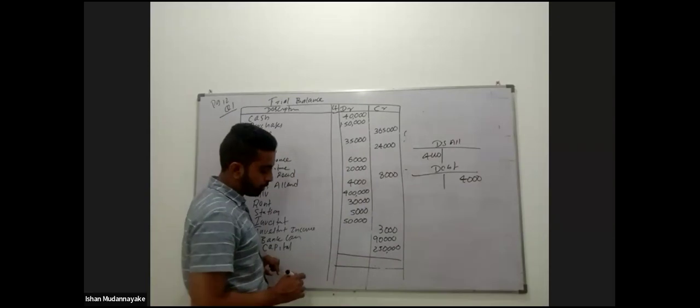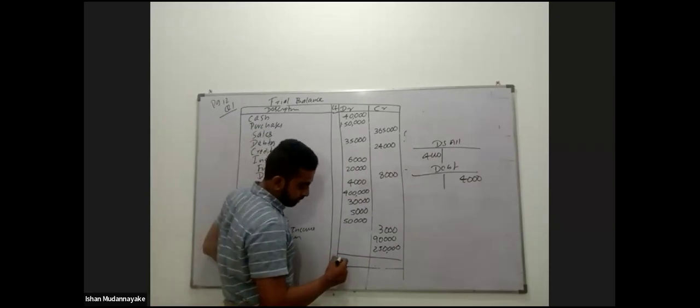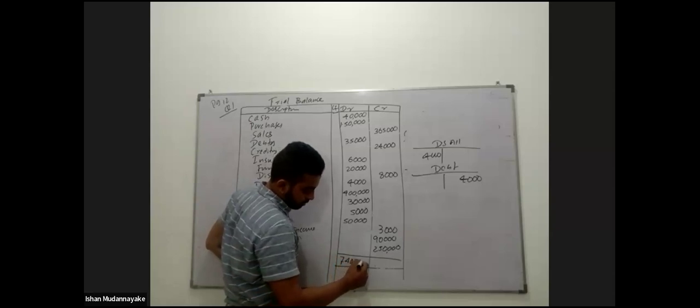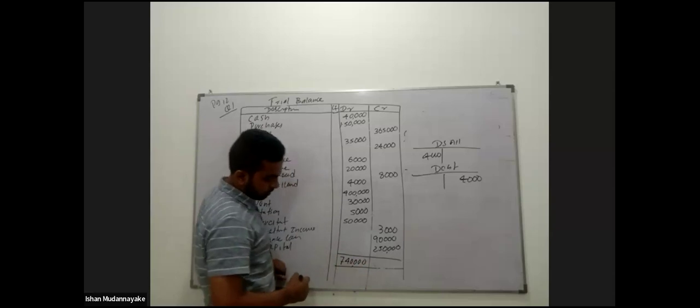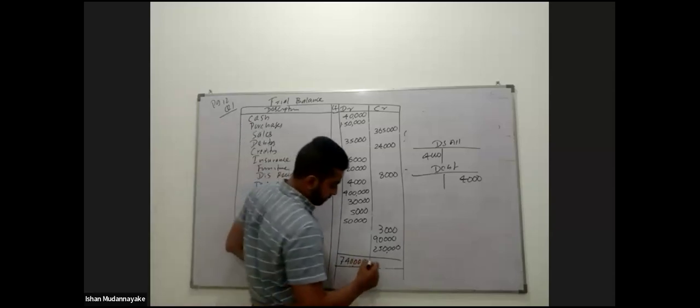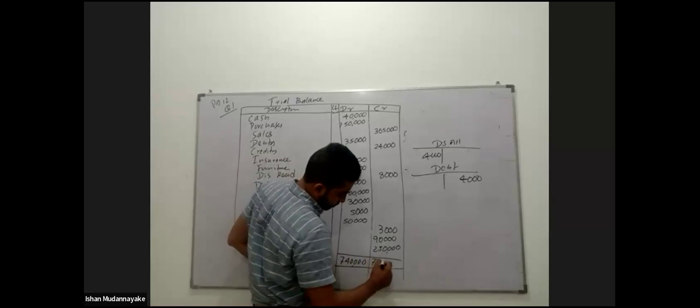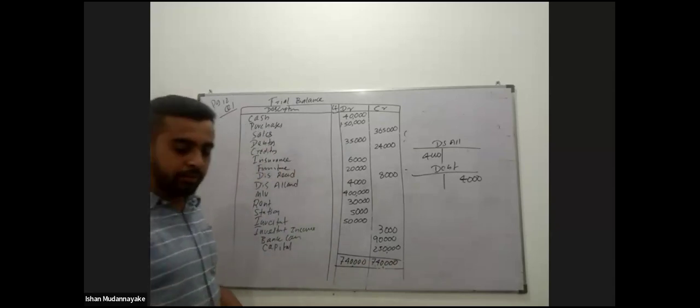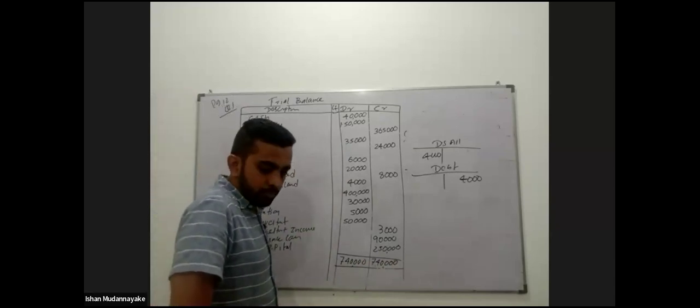Both sides equal or not? Both sides are equal to 740,000.